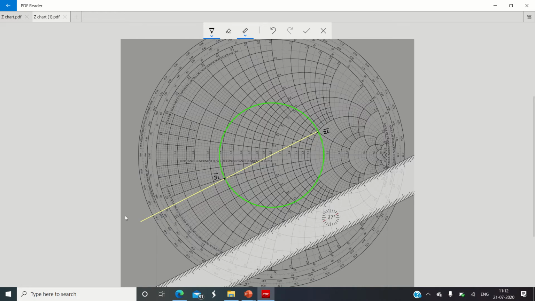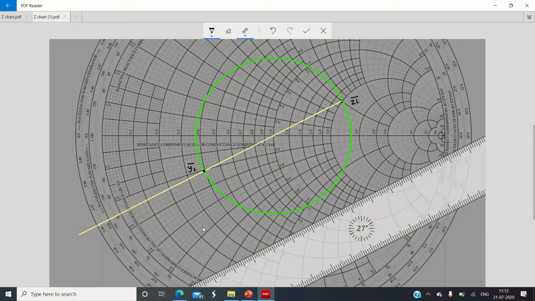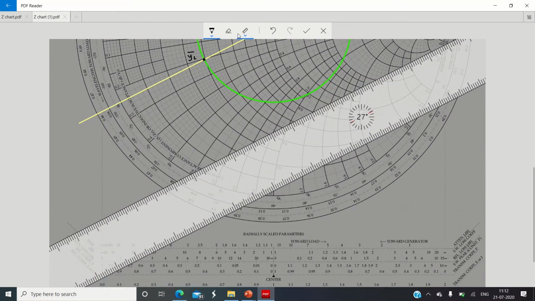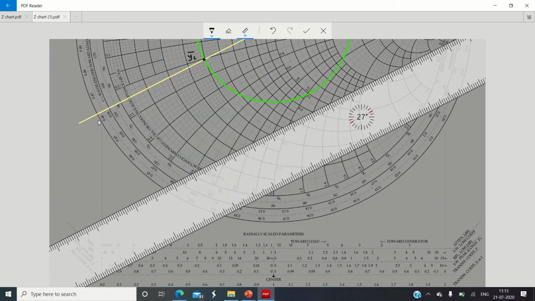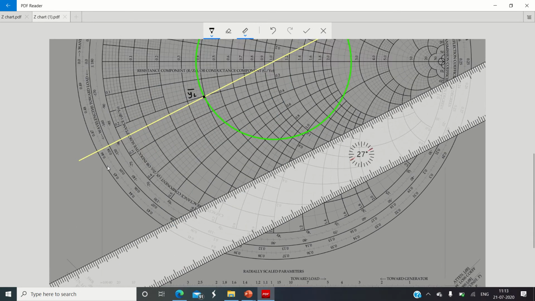Now you need to read the WTG value at YL bar. You already know how to read the WTG value, right? You need to read it on the outermost periphery.